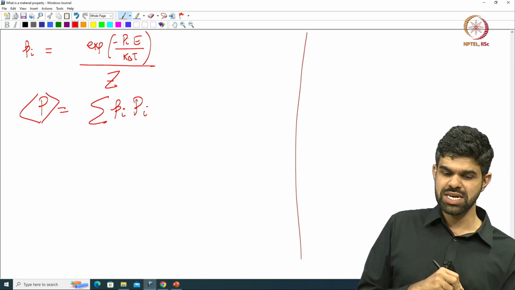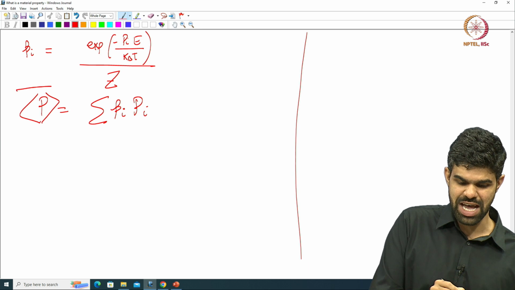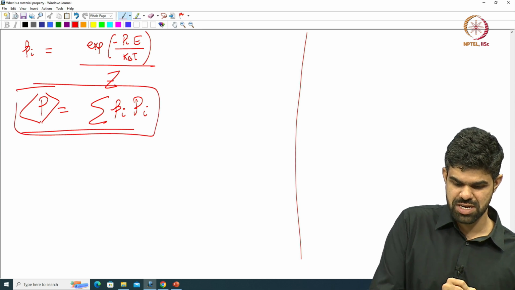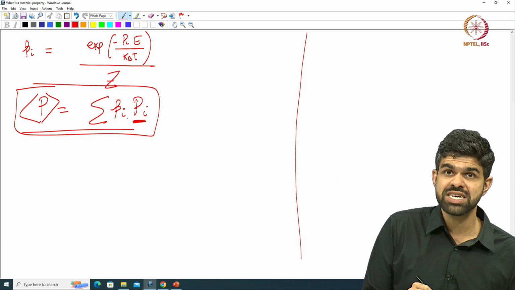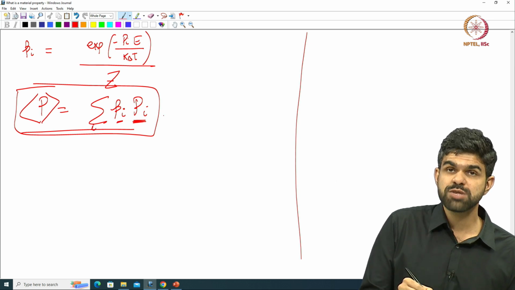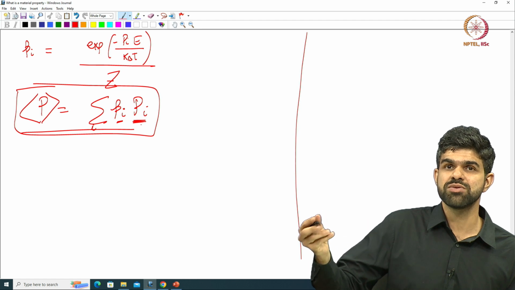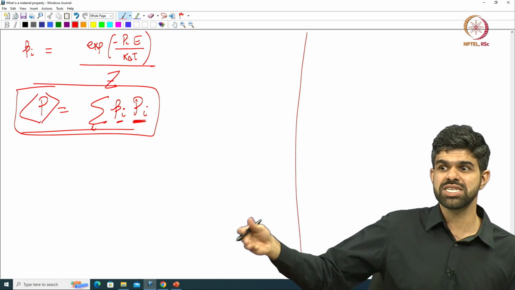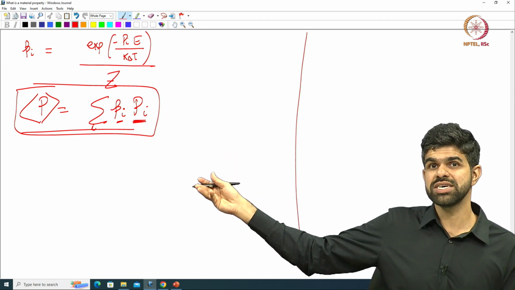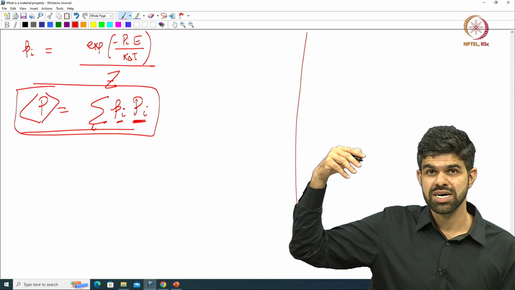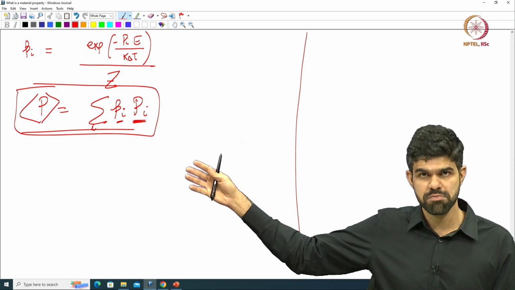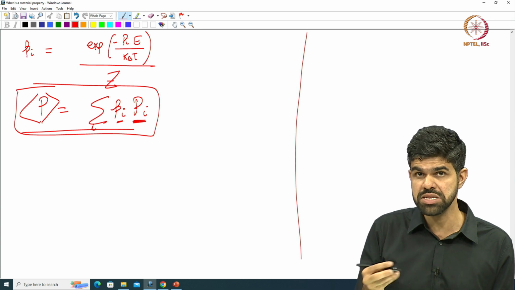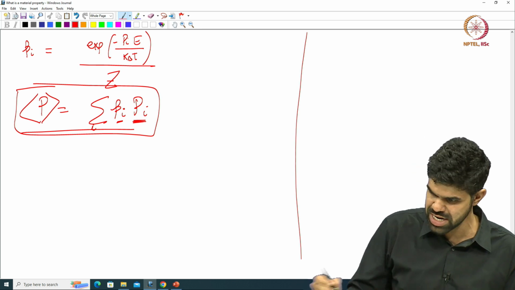This is how the average polarization is defined. So, this is the polarization of the ith state times the probability that the system exists in ith state plus polarization of the jth state times the probability that the system exists in jth state plus the probability that the system exists in some kth state times the polarization in the kth state, and so on and so forth. That is the definition of average polarization.